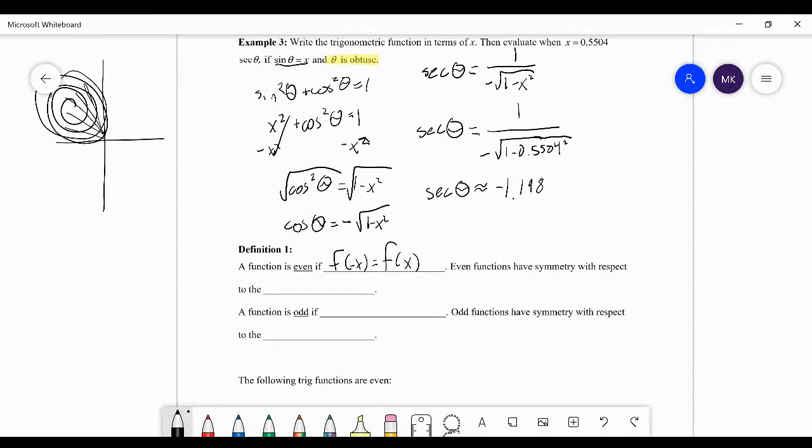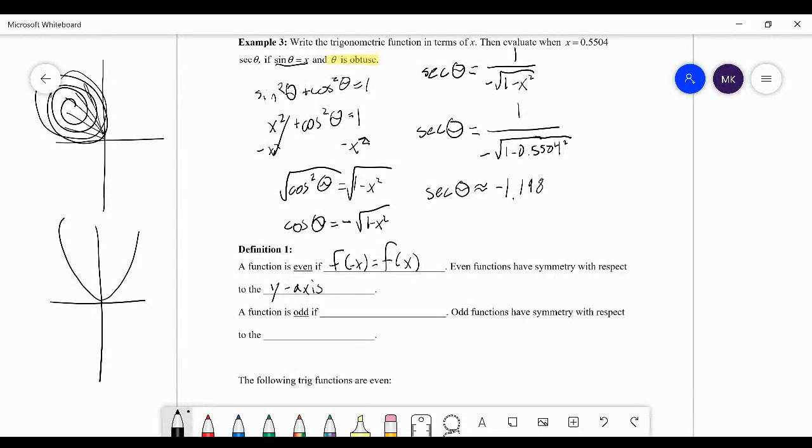So we say that even functions have a symmetry with respect to the y-axis. What that means simply is a very easy function is like x squared. Right? If we fold the graph along the y-axis, the left side falls right on top of the right side. Okay. And so that means that if we input a negative value into our function, it gives us the exact same output.